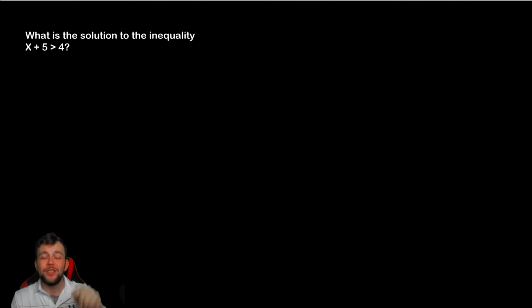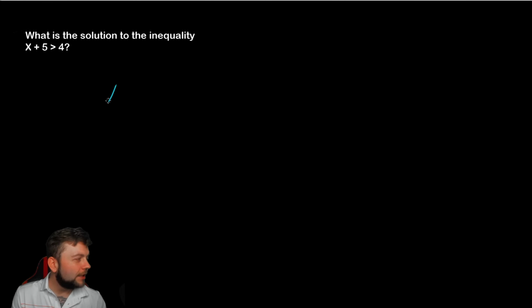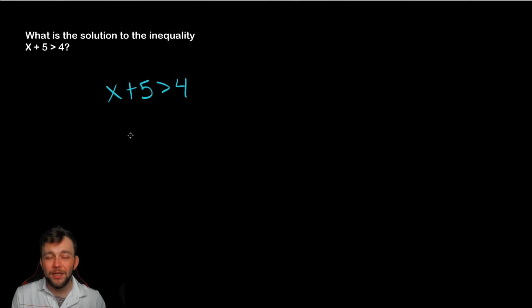So what is the solution to this inequality? This one won't be as bad. So we're going to write it out as x plus 5 is greater than 4. What do we do in this type of scenario? What's the inverse of plus 5?